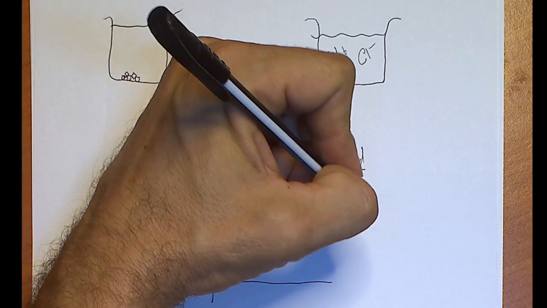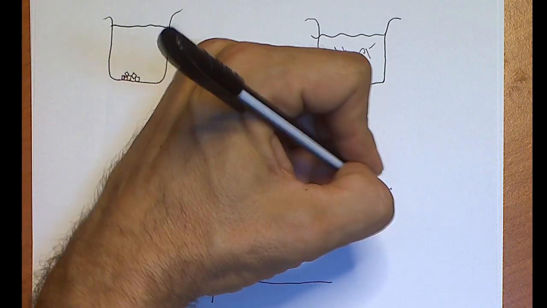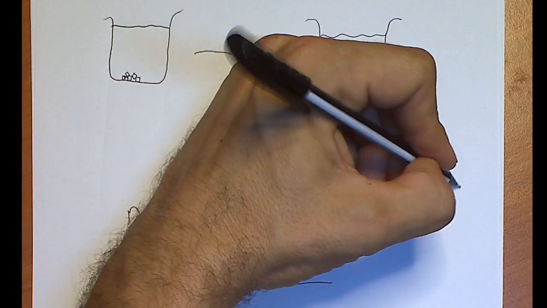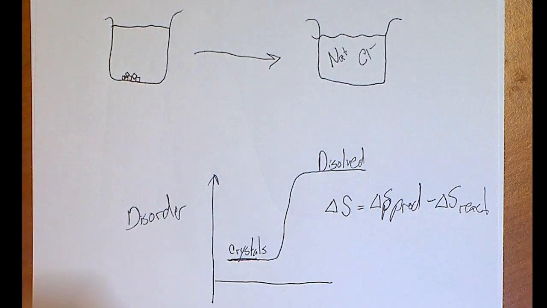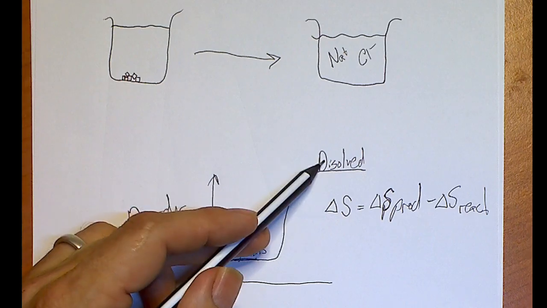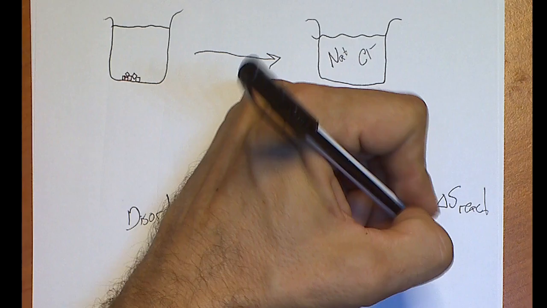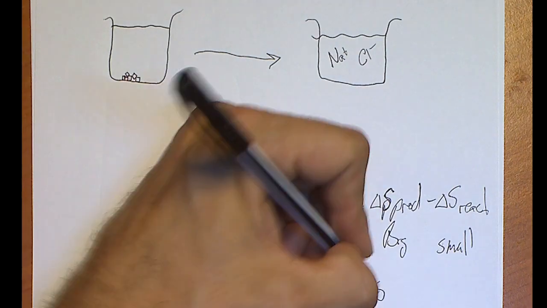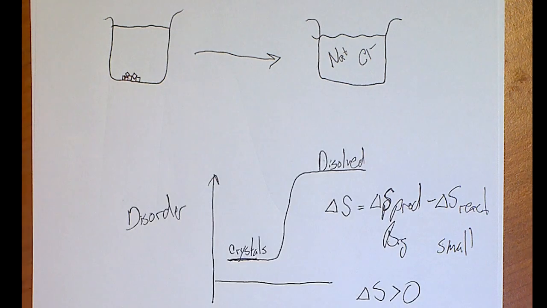And so we know the total entropy is going to equal the entropy of the products minus the entropy of the reactants. So here, products are big and the reactants are small. So delta S is greater than 0.